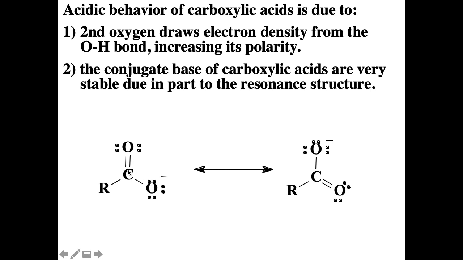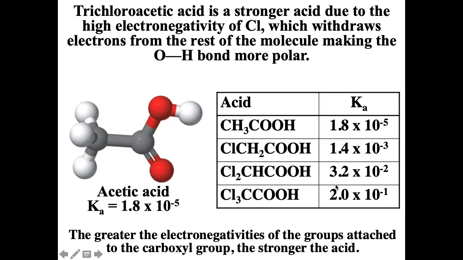In actuality, each of these bonds has a bond order of 1.5. Now, I mentioned that this oxygen is grabbing some electron density away from that OH bond, making it weaker, which is why carboxylic acids are acidic, where alcohols really aren't very acidic at all.